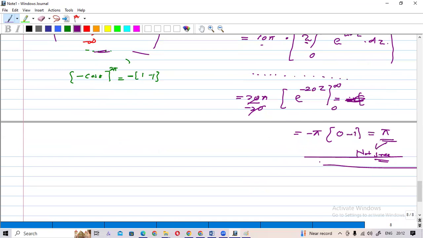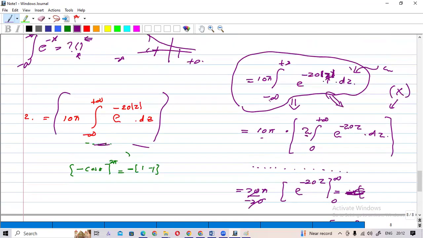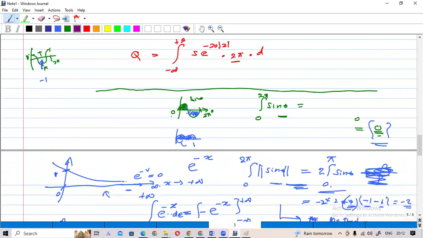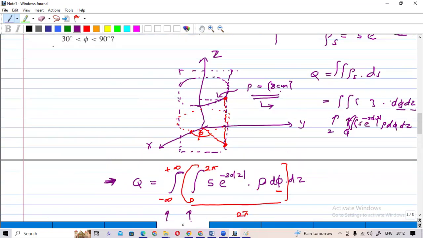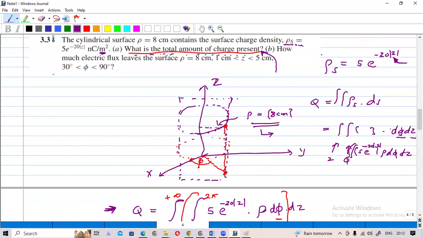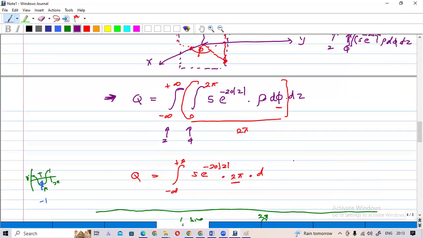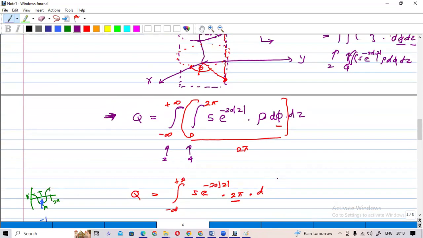So try to do this integration. Basically we have to do this integration with this limit, okay? So you need to understand that.